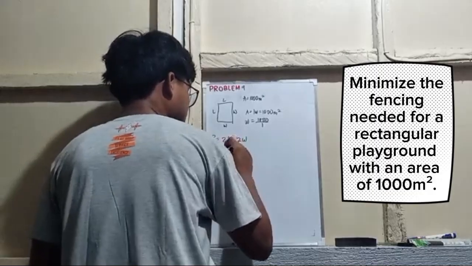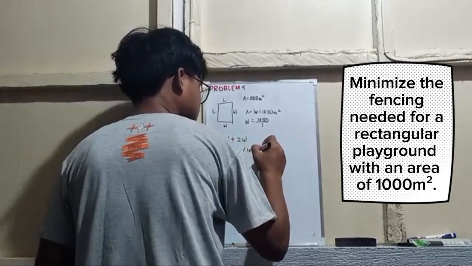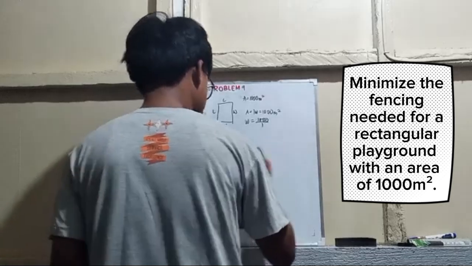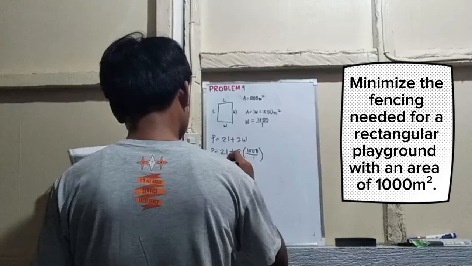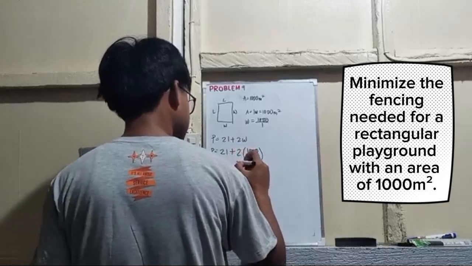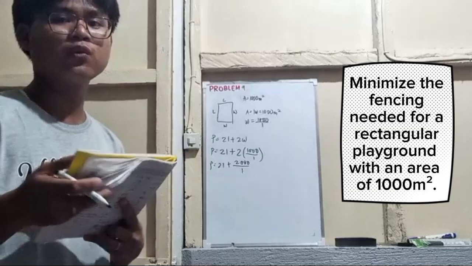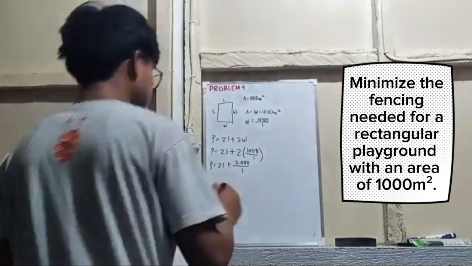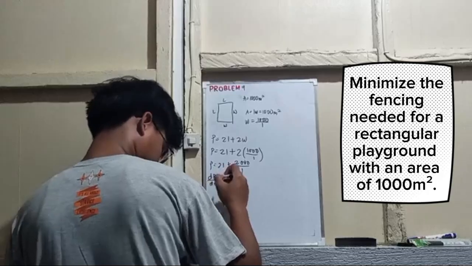So P is equal to 2L plus 2 times 1,000 over L. We'll solve. P is equal to 2L plus 2,000 over L. And now we'll differentiate the formula. So we will get the dP over dt.